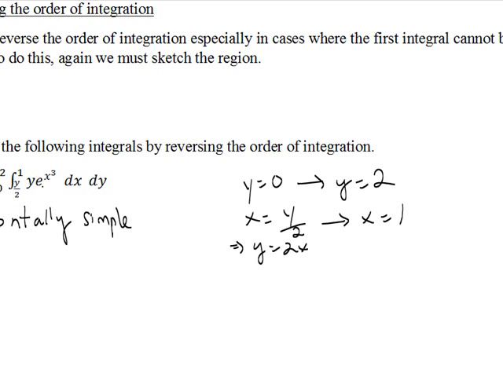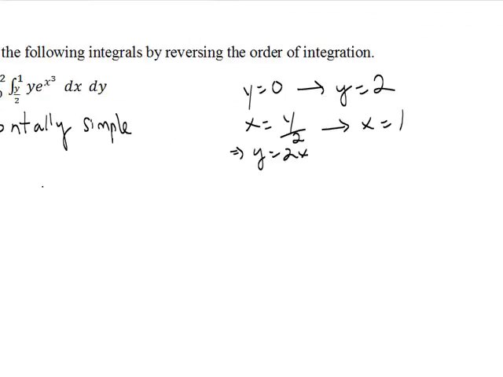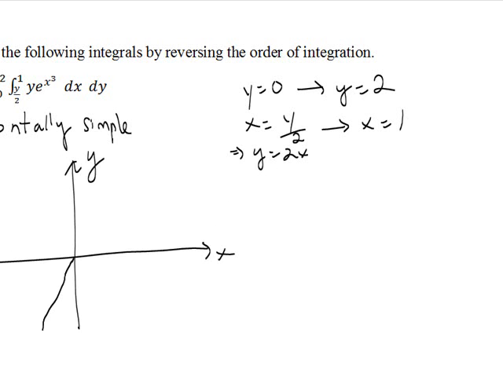Okay, let's draw the region first of all. Let's draw the line first. So we're moving from y equals 2x. So draw y equals 2x. It's just a sketch, okay? y equals 2x.